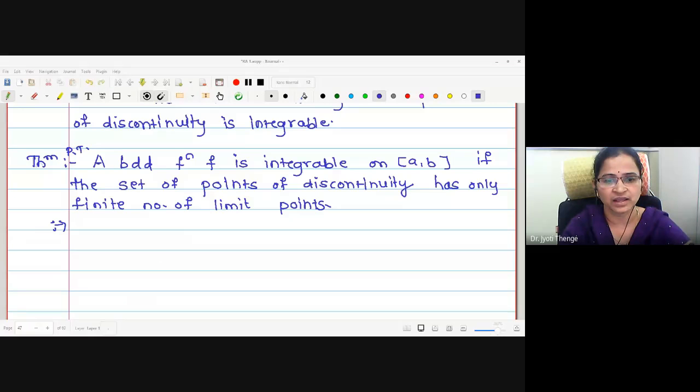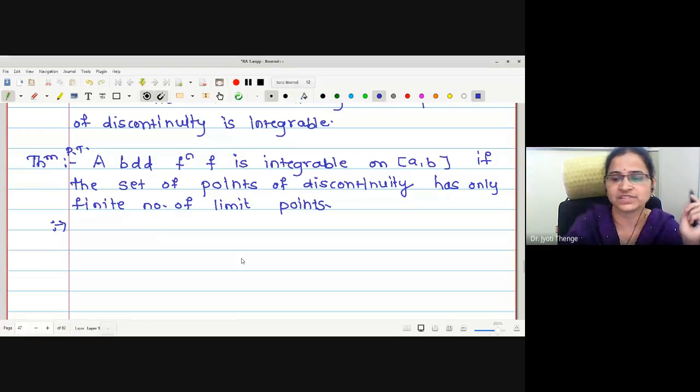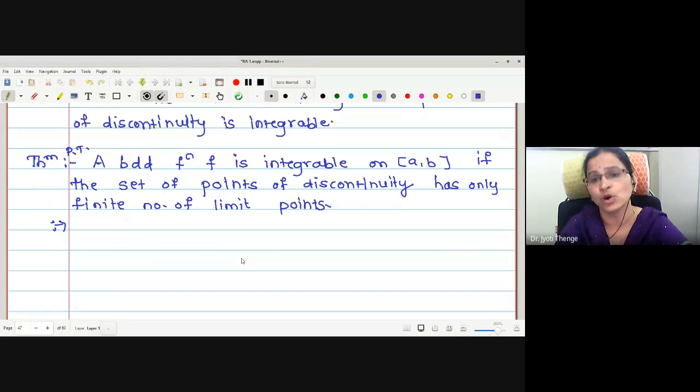Clear now? Therefore, in the first theorem we saw that a continuous function is integrable. Second, we saw finite points of discontinuity; if it has those, then also it is integrable. Now we have come to the third one, which says that it has infinite points of discontinuity, but if it has finite limit points, then the function is integrable.